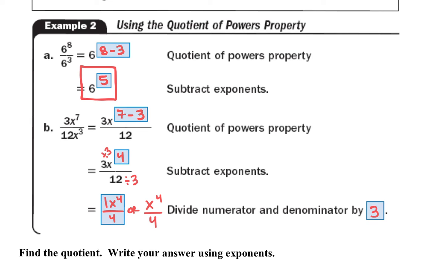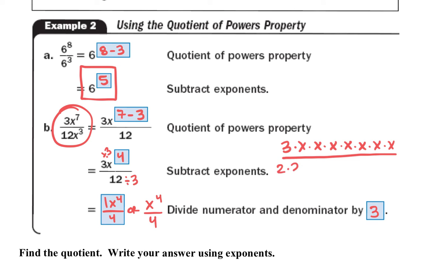Now, really guys, this problem should look familiar to you, because we have simplified things like this before. We talked about how we could find the GCF, get rid of the GCF, and then whatever we're left with is the simplified fraction. In other words, for this problem, you could have written 3 times, I'm going to have 7 x's here. On the bottom, I'm going to break 12 into 2 times 2 times 3, and then 3 more x's.